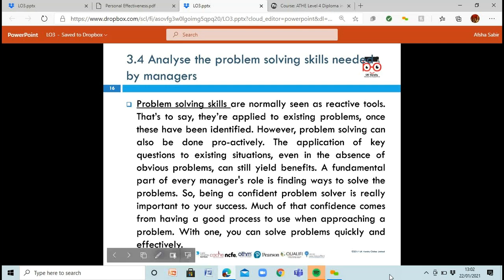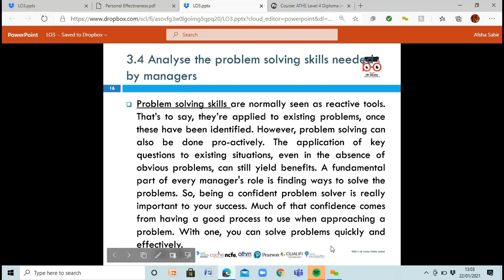So things like asking key questions about existing situations. Even if there is no obvious problem at that time, if you question things, question your staff, then you can find out exactly why something happened, and maybe how to resolve it.